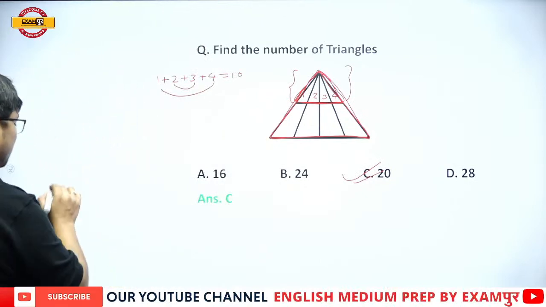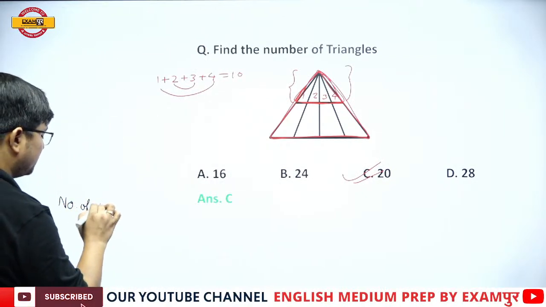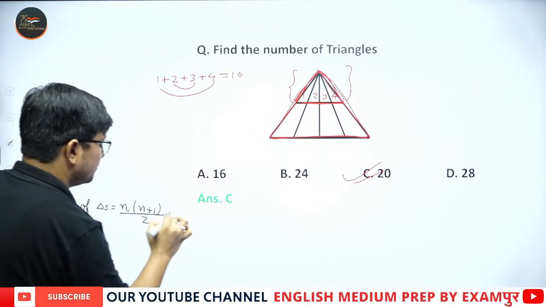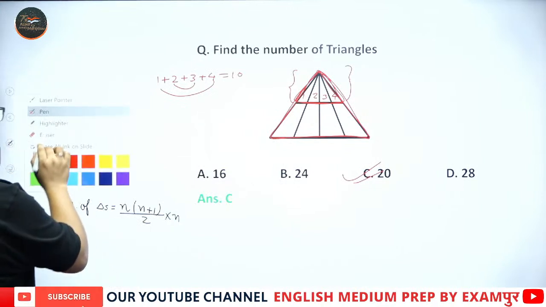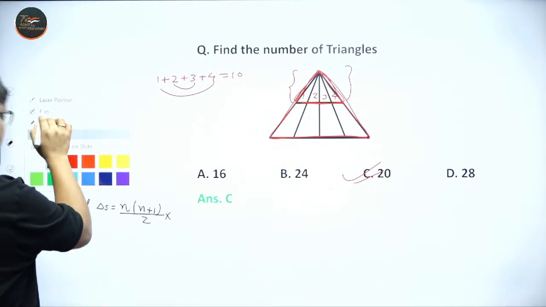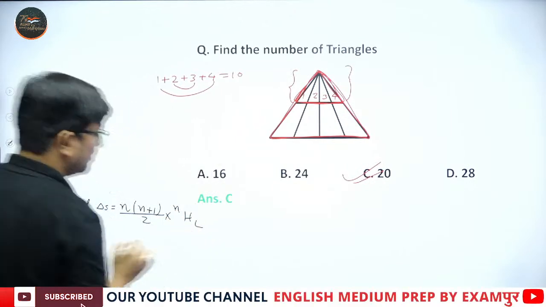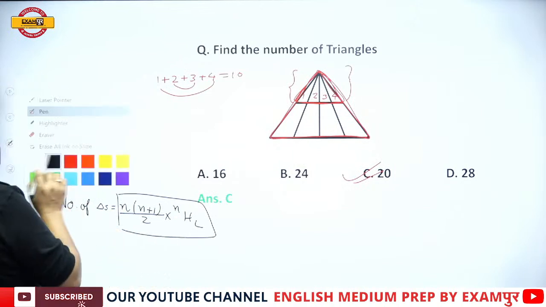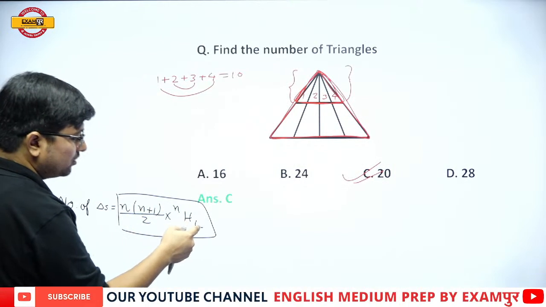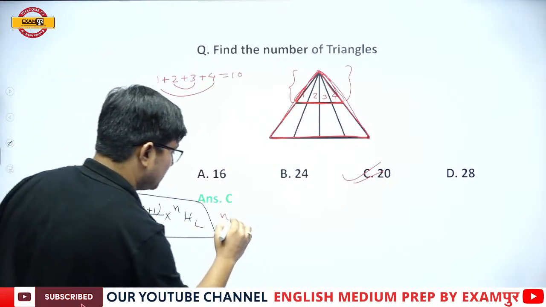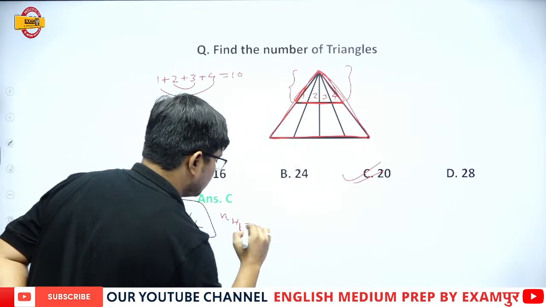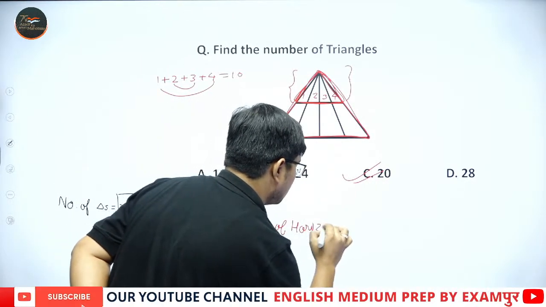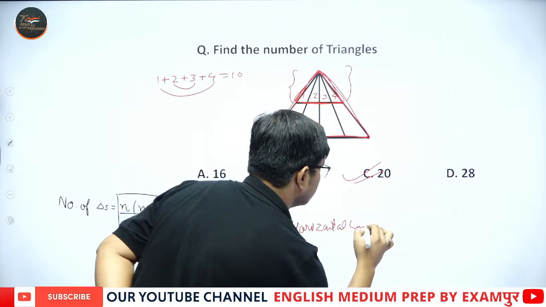Now the number of triangles over here is n into n plus 1 by 2, into the number of horizontal lines, NHL.